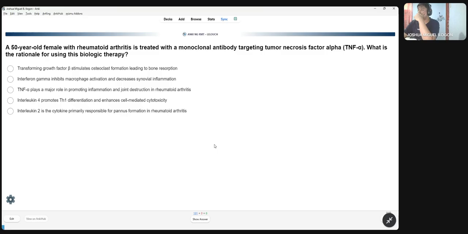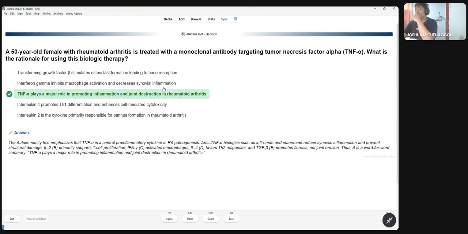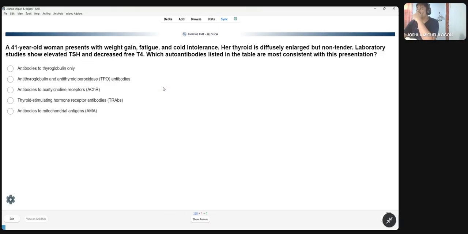Monoclonal antibody, tumor necrosis factor alpha. Yeah, this one. 41-year-old woman presents with weight gain, fatigue, and cold intolerance. Her thyroid is diffusely enlarged, but not tender. Elevated TSH.